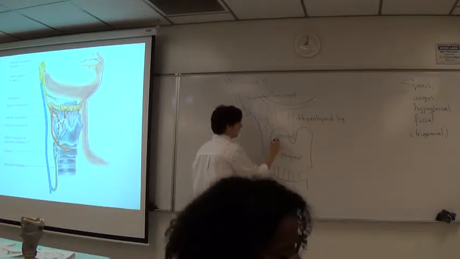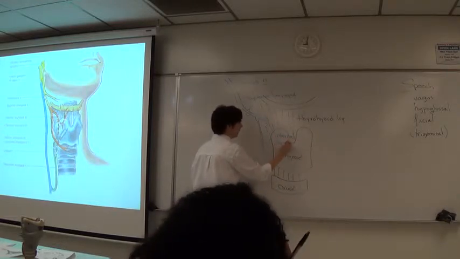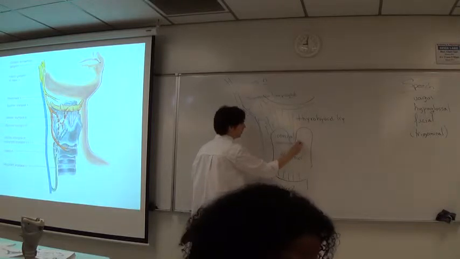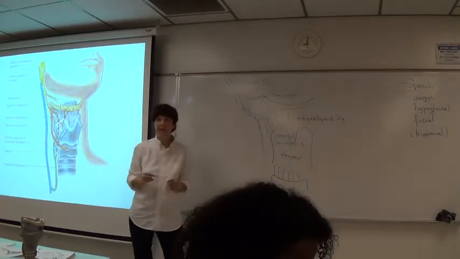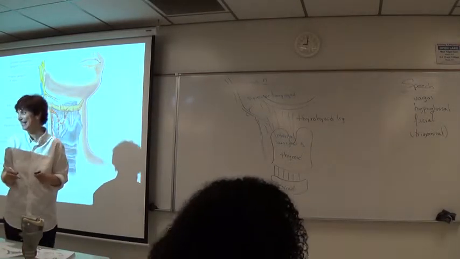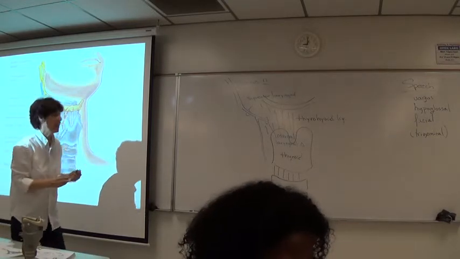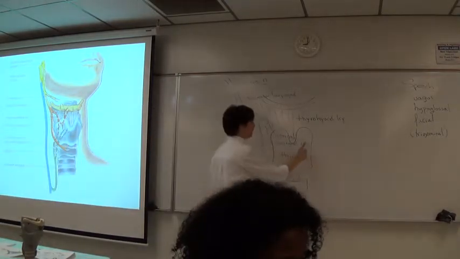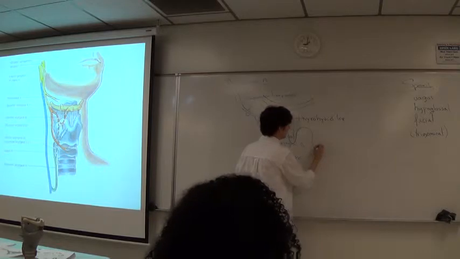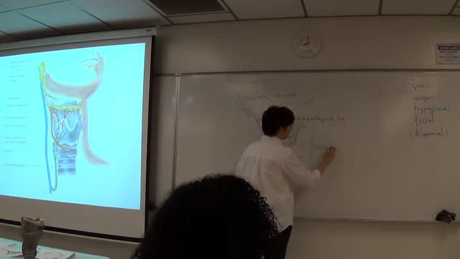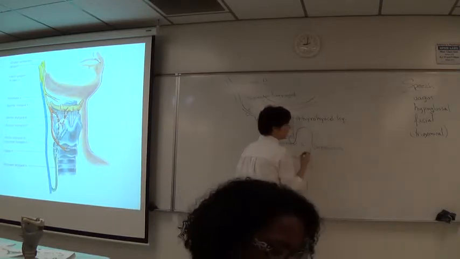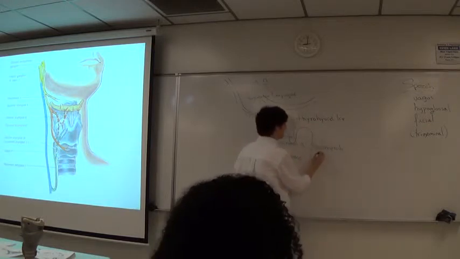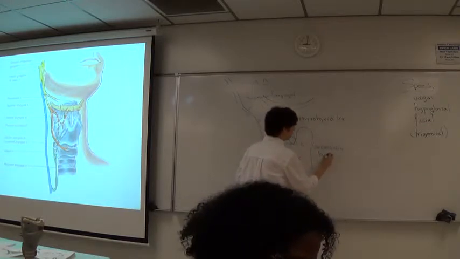Now, to be correct, it would be the internal laryngeal branch of the superior laryngeal nerve. You may just call it the internal laryngeal nerve. That is sensory only, to the area of the larynx above the vocal cords.